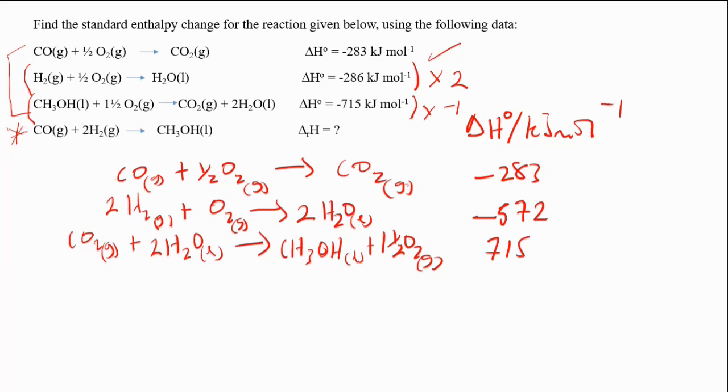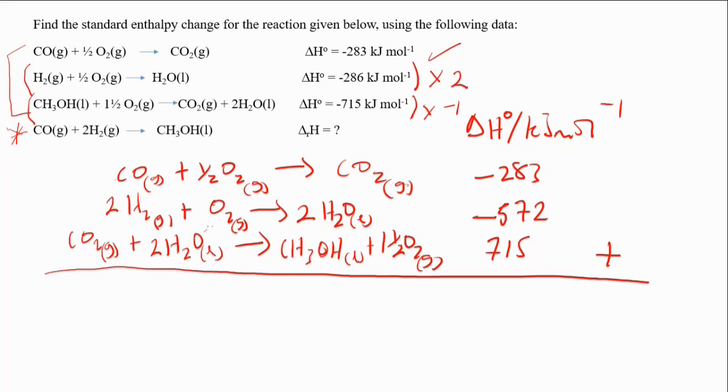Now the next thing we need to do is to cancel all that can be cancelled, and then sum what is left. Let's see what can be cancelled. And we cancel diagonally. That is, what is on the reactant side of one equation could cancel what's on the product side of another equation, and vice versa. Okay, all right, so anything?